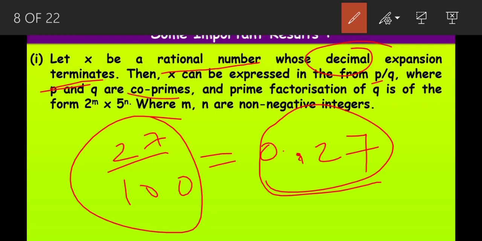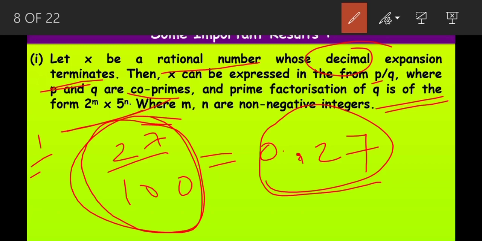So here 27 and 100 should be co-prime, means they should not have any other factor other than 1. Then q will be in the form of the product of 2 power m and 5 power n, where m and n are non-negative integers.